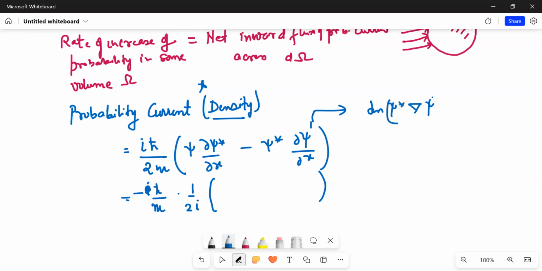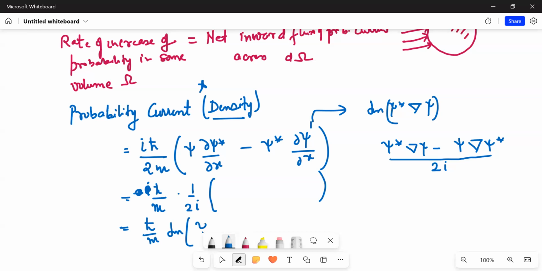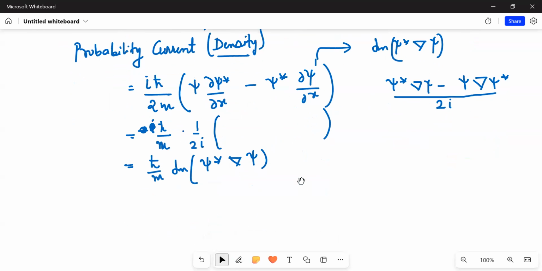The imaginary part of this would be psi star del psi minus its conjugate, divided by 2 iota. So the negative gets absorbed, and the entire thing becomes h cut upon m, imaginary part of psi star del psi. This is how you also define your probability current density.